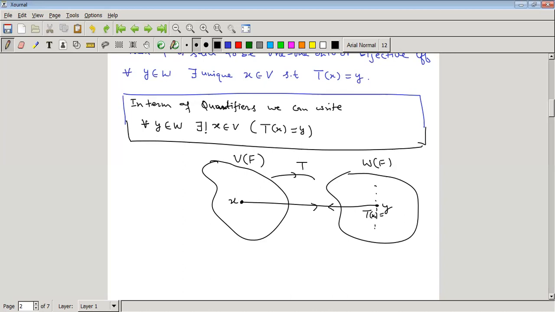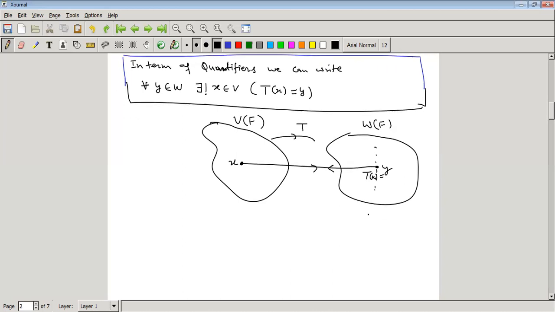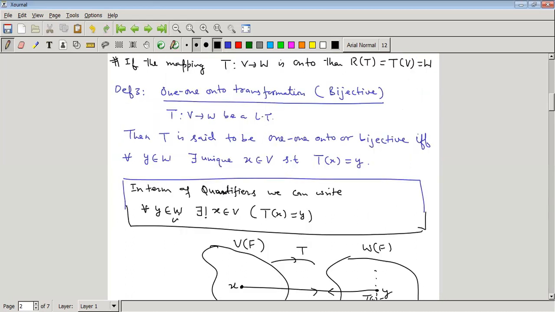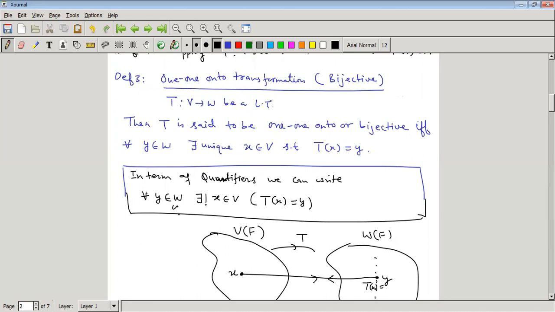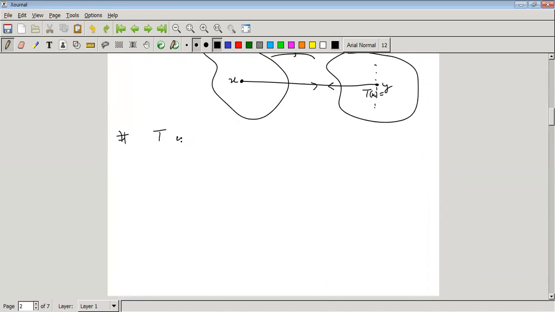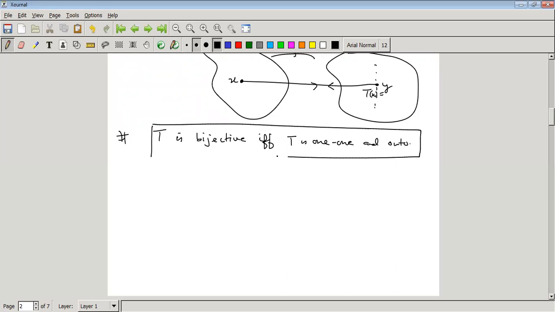Then only we can say that the transformation is bijective. Or we can say T is bijective if and only if T is one-one and onto.